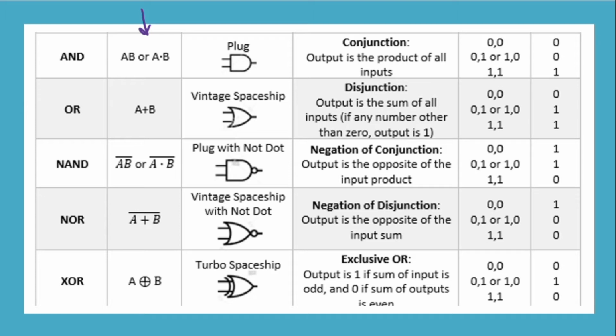It's a product gate, so the output is going to look like this: AB. You can have a dot in between to represent multiplication, but AB together, just like in normal algebra, represents multiplication. And just like normal algebra, your output will be the product of all your inputs.